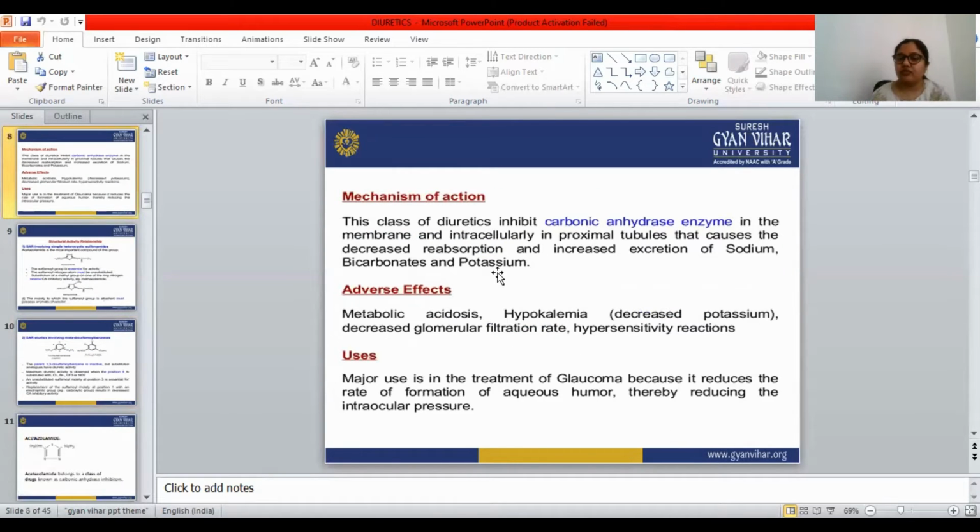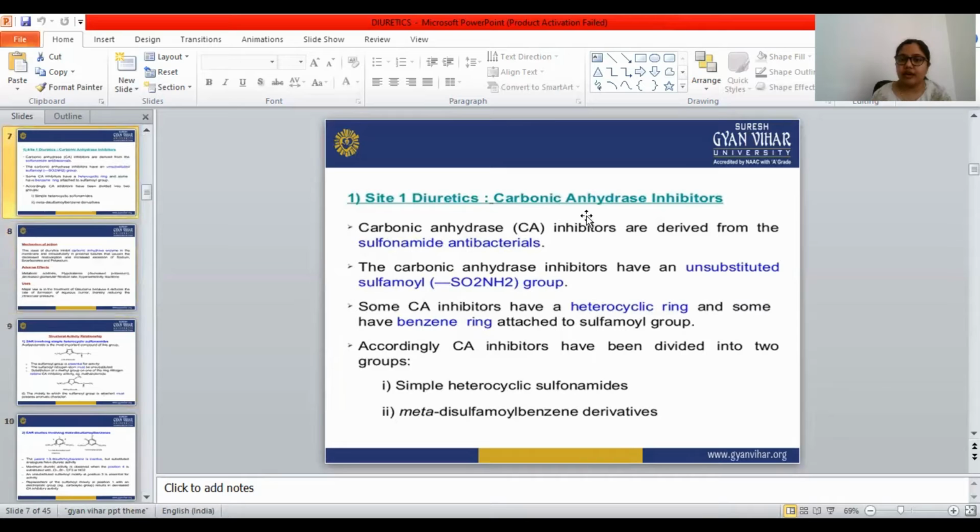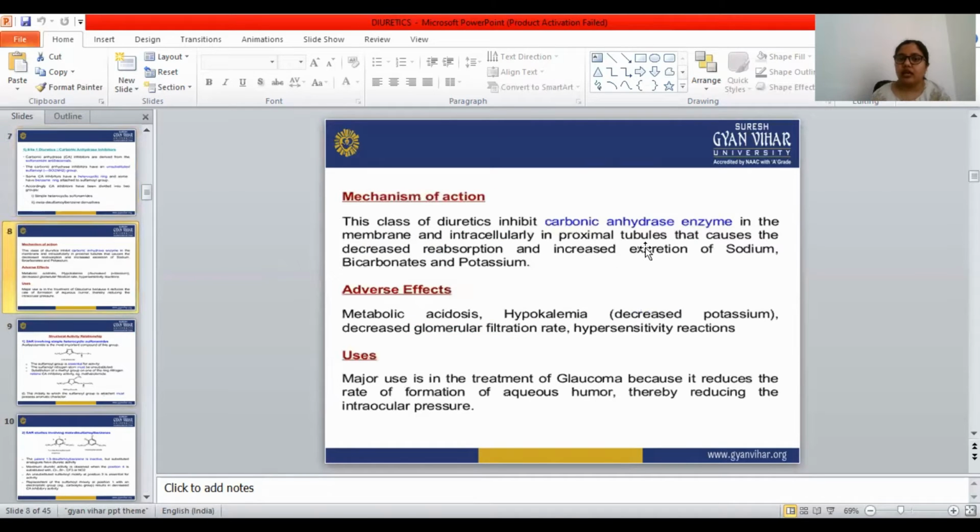Now the common mechanism of action of the carbonic anhydrase diuretics. As the name says, this class of diuretics inhibits the carbonic anhydrase enzyme in the membrane and intracellularly in the proximal tubules.